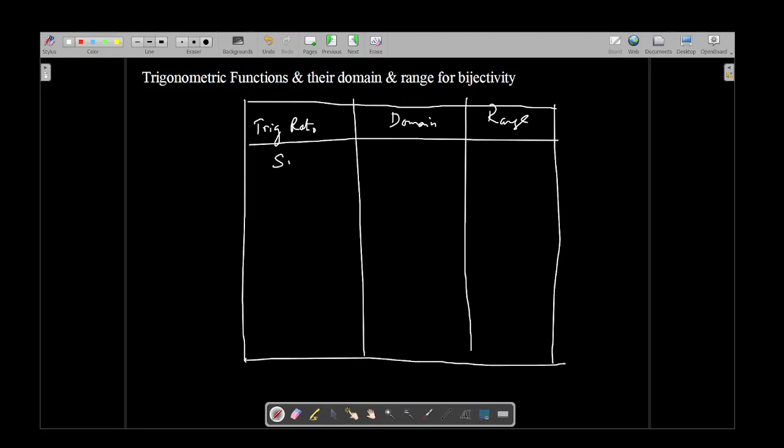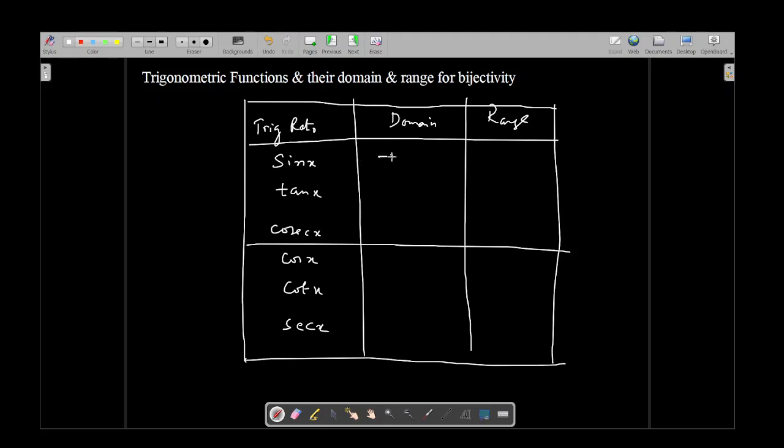First we'll start with sin x, then tan x, then cosecant x, then cos x, cot x, and secant x. This is the way to remember, because these three follow some pattern.